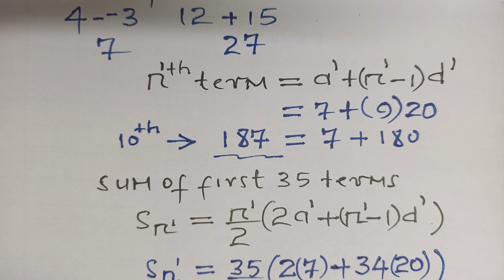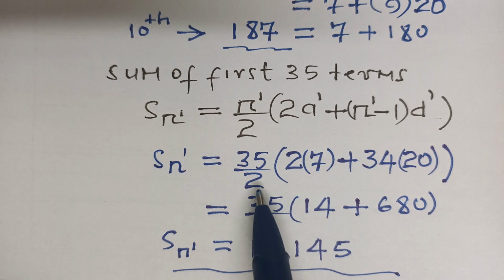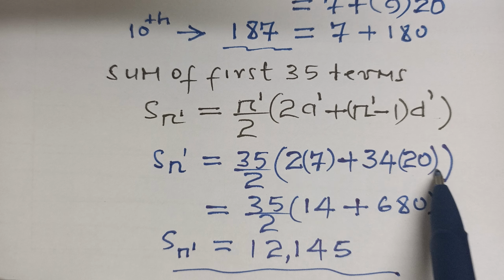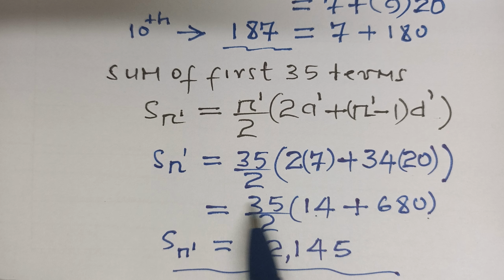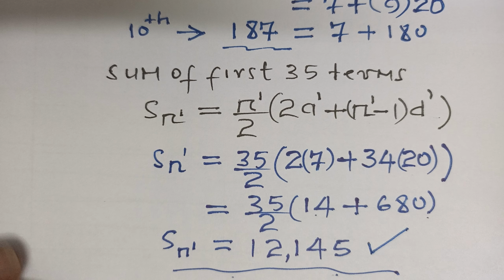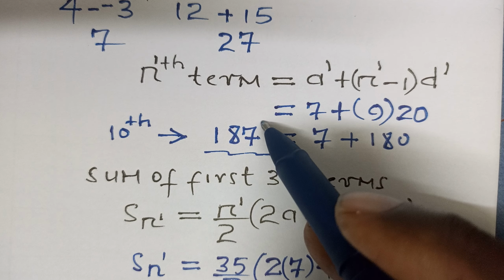Now we evaluate that. When you combine those, this comes to 14 and this comes to 680. Then when you multiply by 35 all over 2, you get this answer as the sum of the first 35 terms. And we have the 10th term right here.